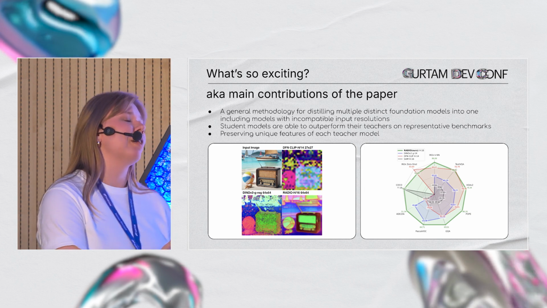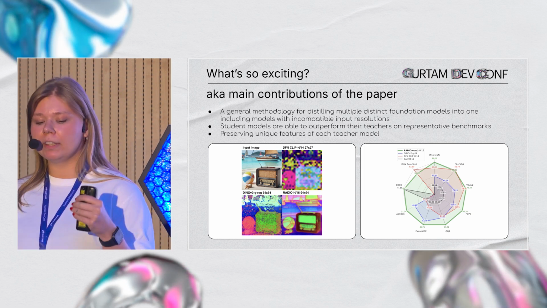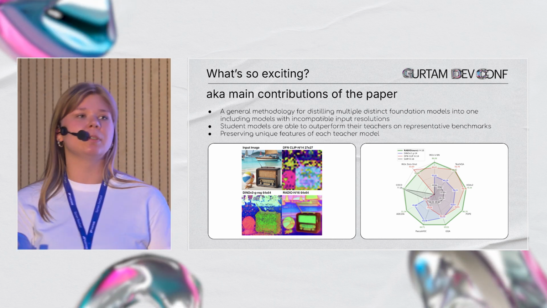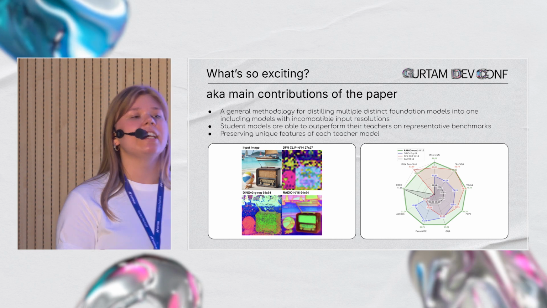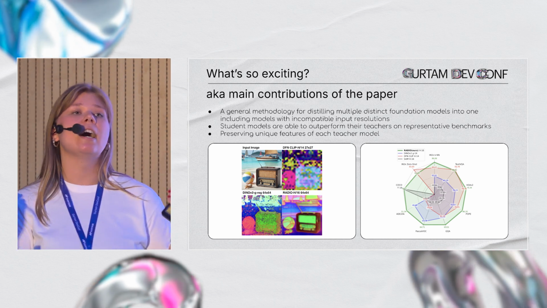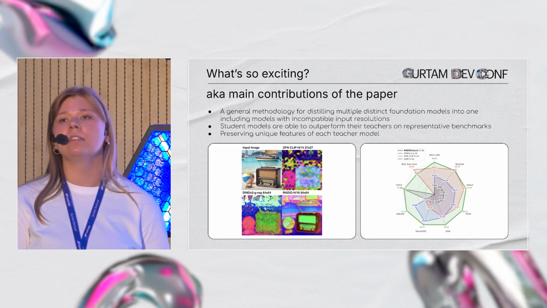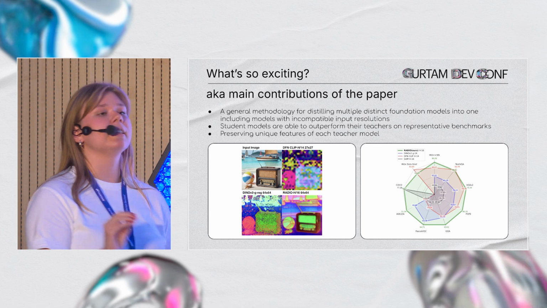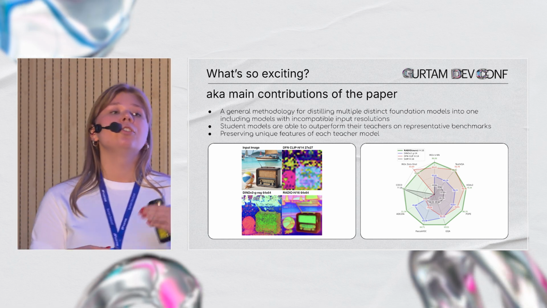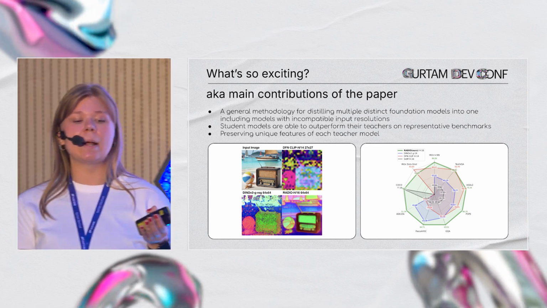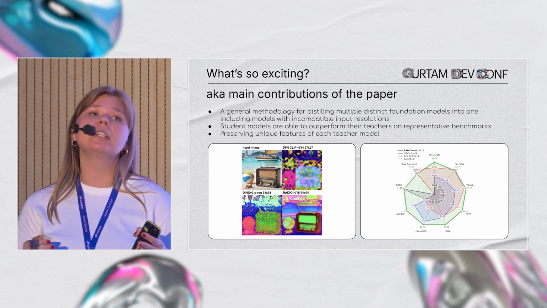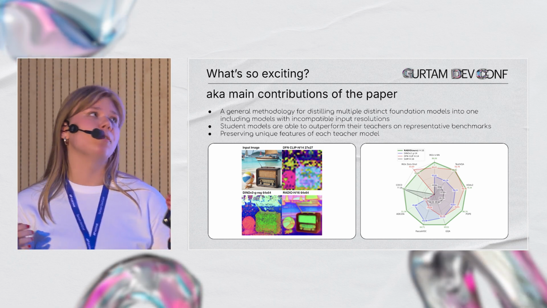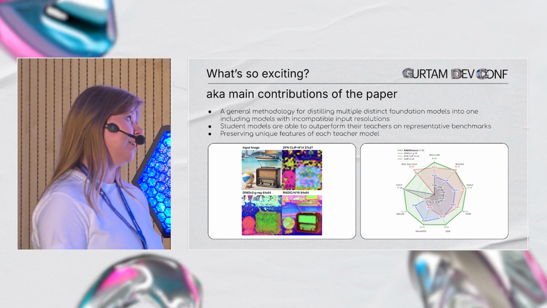And what's really great about that paper is they not just created a model that was distilled from SAM, CLIP, and Dino. They created a method that helps you to distill multiple different distinct models into a single one. And the student model is able to outperform all of the teachers on the representative benchmarks, and it still preserves the unique features of each of the teacher models, which is pretty amazing.